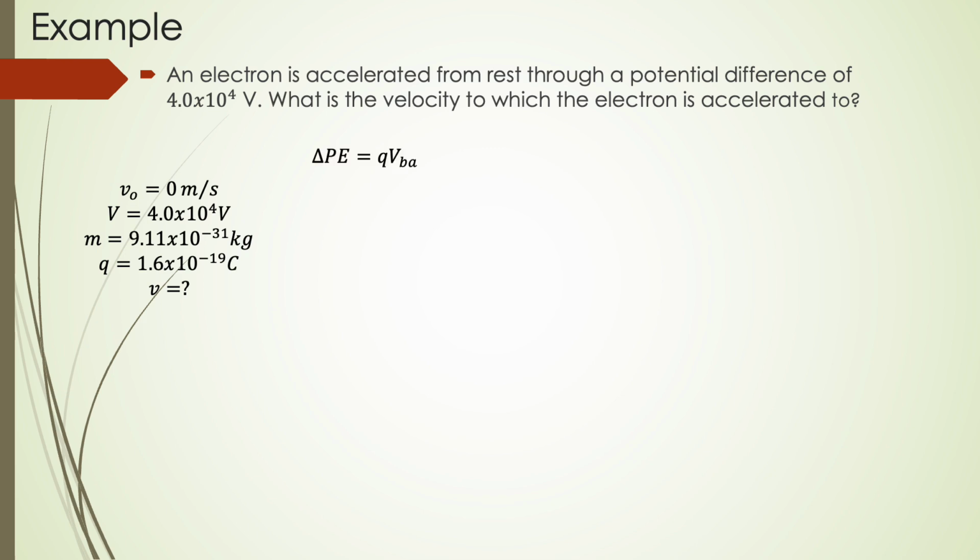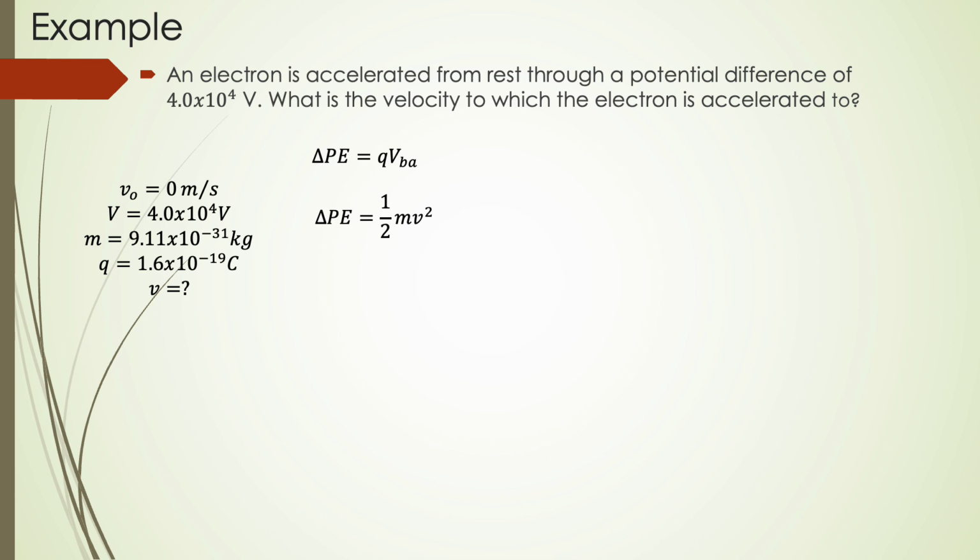I would start out with our change in potential energy is equal to our charge times our potential difference. Our change in potential energy is also going to equal our change in kinetic energy. Because we didn't have a starting kinetic energy, our change in potential energy will just equal our final kinetic energy, so therefore it's going to equal 1/2 mv squared.